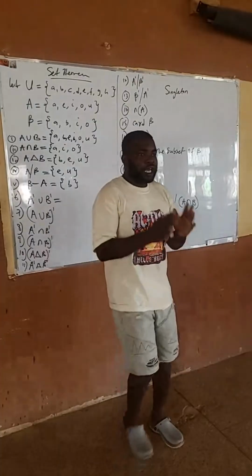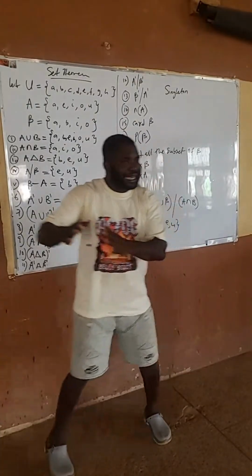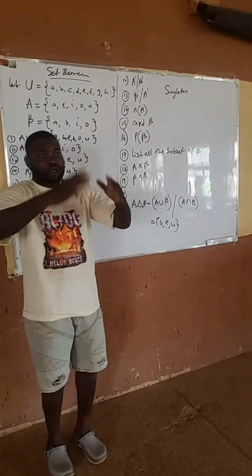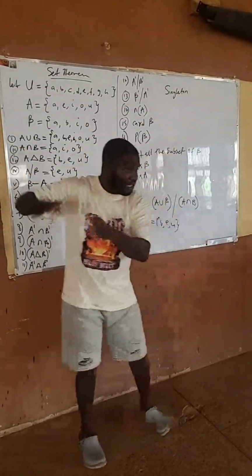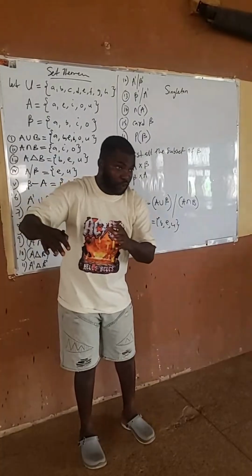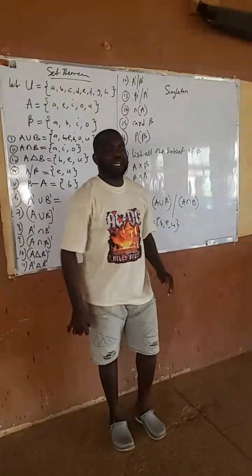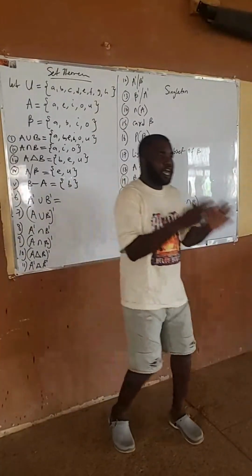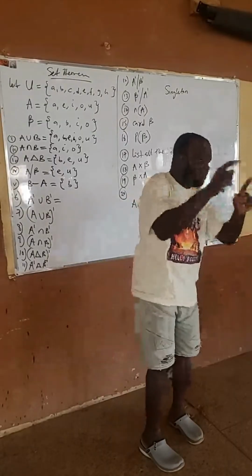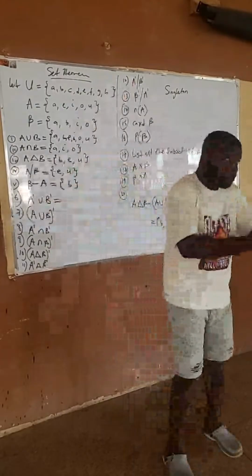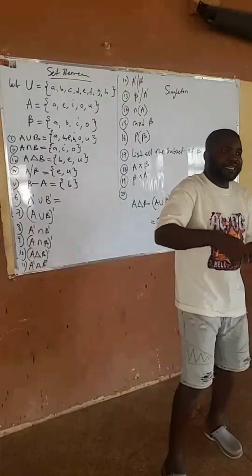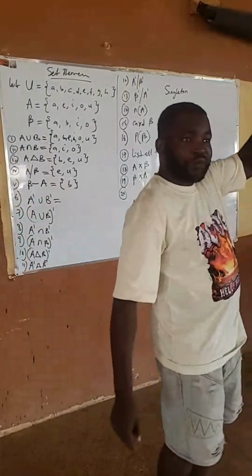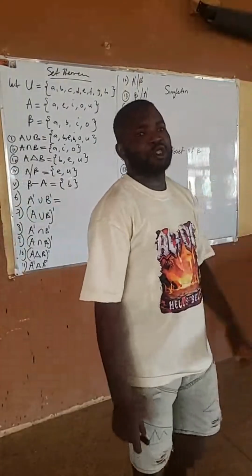For example, A complement simply means what I can see in the universal set that I cannot see in A. B complement simply means what I can see in the universal set that I cannot see in B. Are you getting it? A union B all complement simply means what I can see in the universal set that I cannot see in the union. Are you getting the gist now? So anything complement, the first person that should come to your mind is the universal set.